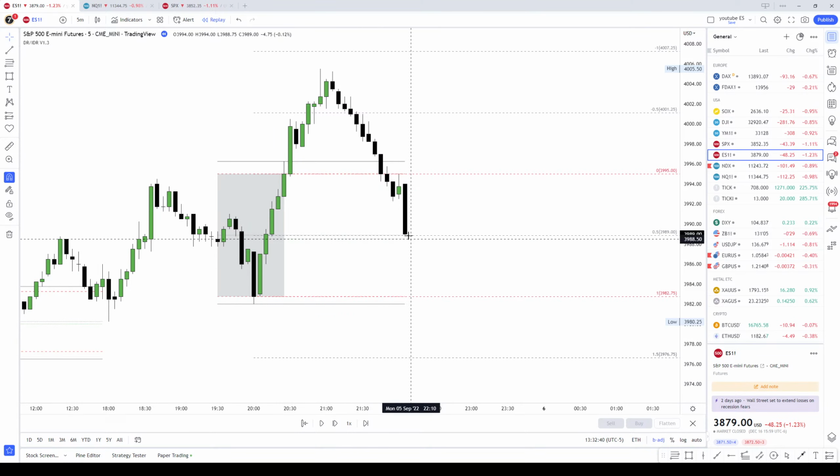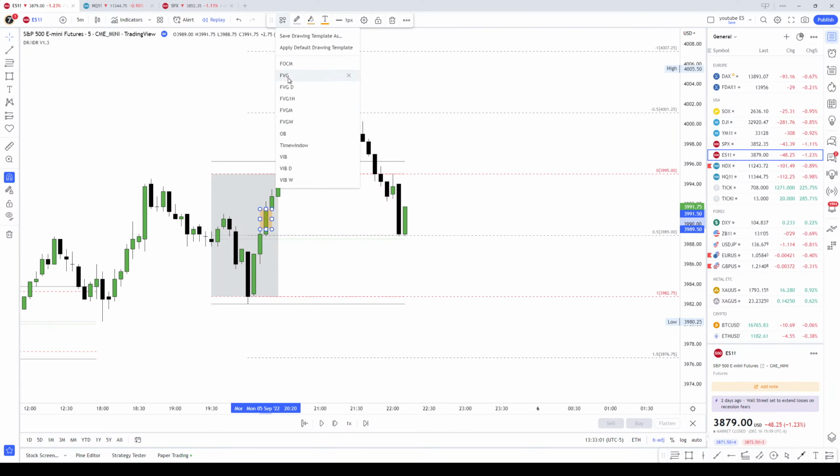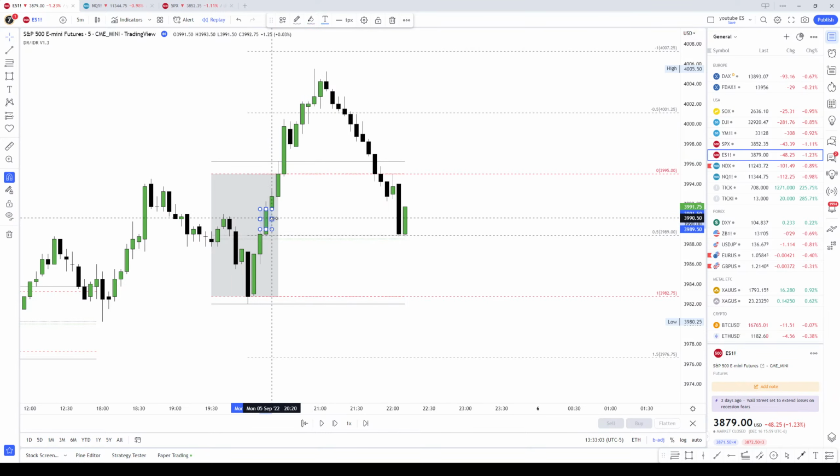We are coming down, we are stopping right here, but as you can see, no rejection here, so we are closing almost below it. Again, now we can look. We have a fair value gap over here. Fair value gap over here.